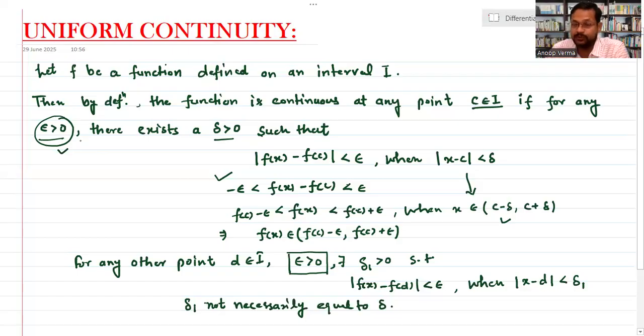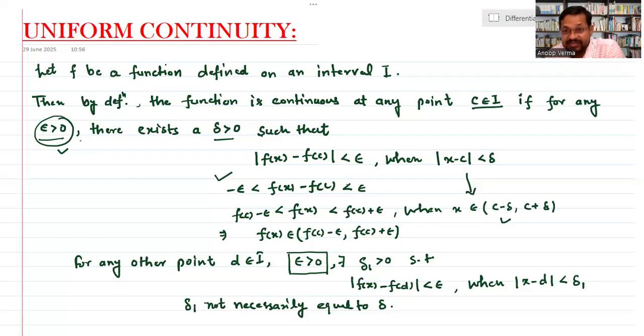It means point to point, this delta will differ when you are choosing the same epsilon. When it is taking some fixed epsilon, using the continuity concept, you can find a delta, but the delta may be different for each and every point.